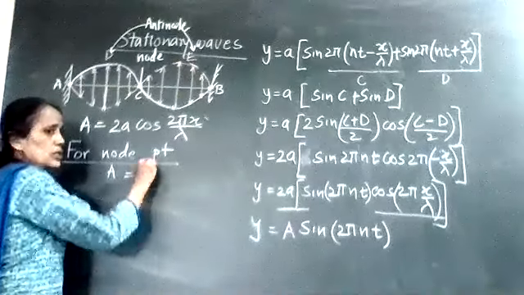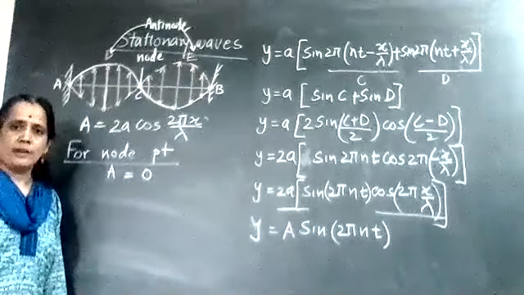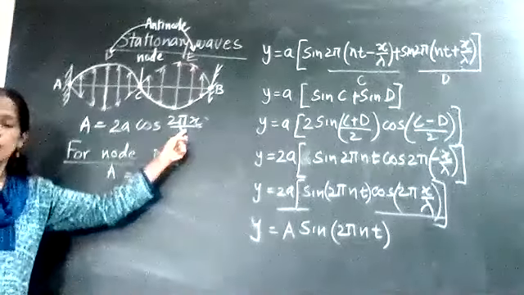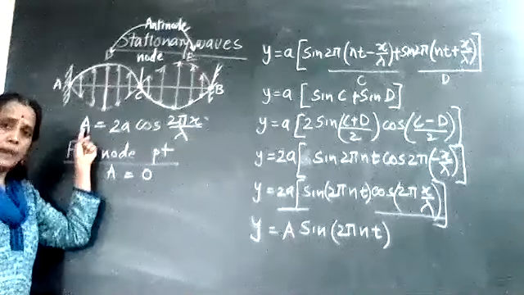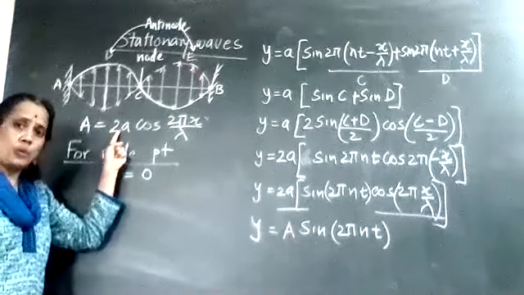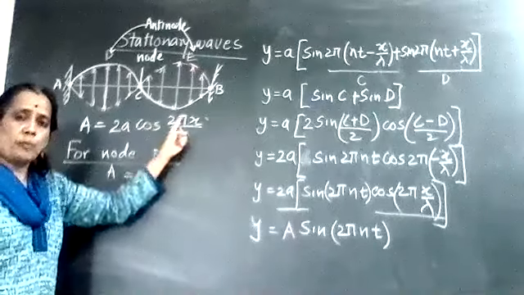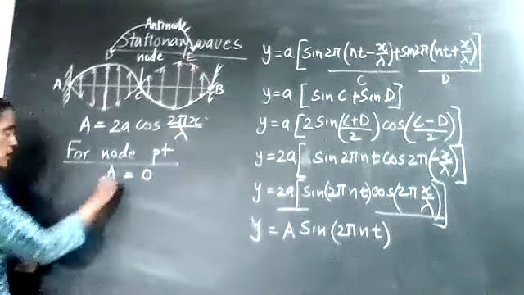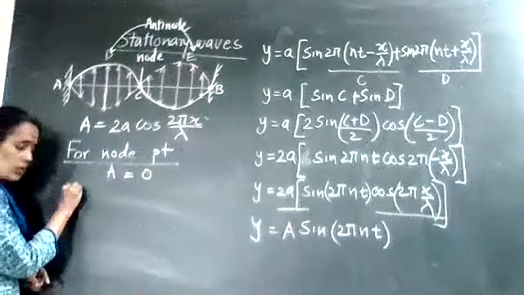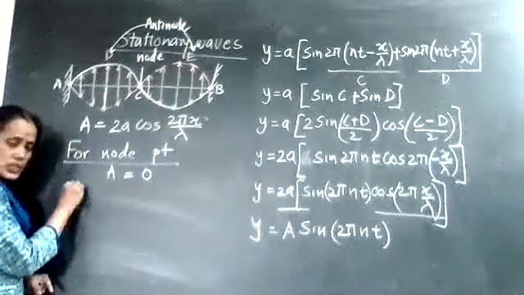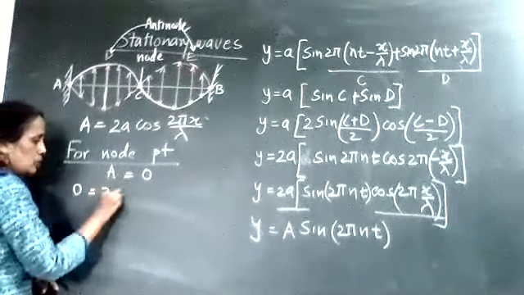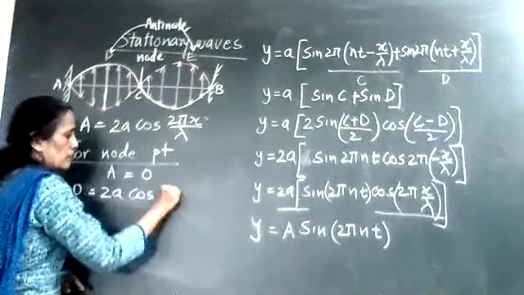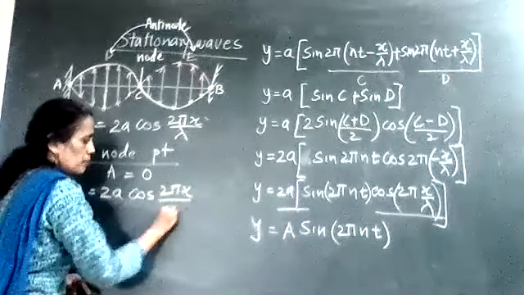Amplitude is equal to 0. And what do I have as the resultant equation? Amplitude A is equal to 2a cos of 2 pi x upon lambda. So this amplitude is 0. So instead of A I put 0. 0 is equal to 2a cos of 2 pi x upon lambda.